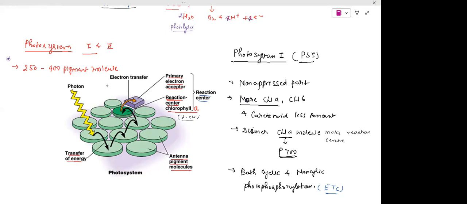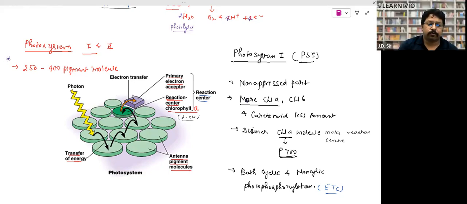Okay. Now try to understand what this photosystem is and how it works. Look, this part is called the reaction center. It is made up of a dimer of chlorophyll A molecules and a primary electron acceptor. Other molecules found around this reaction center are called antenna pigments. These antenna pigments are basically made up of carotenoid molecules, right?